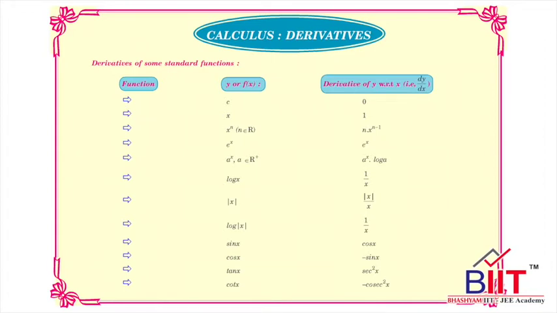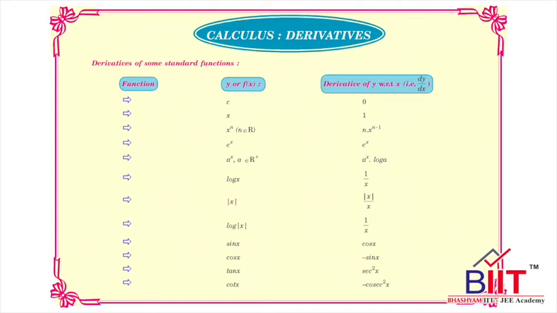Whereas for modulus of x the derivative is mod x by x, and we will discuss this mod x in the next video. And coming to the log of mod x, the derivative is 1 by x. And for sin x the derivative is cos x. For cos x the derivative is minus sin x, for tan x the derivative is secant square x, and for cot x the derivative is minus cosecant square x.